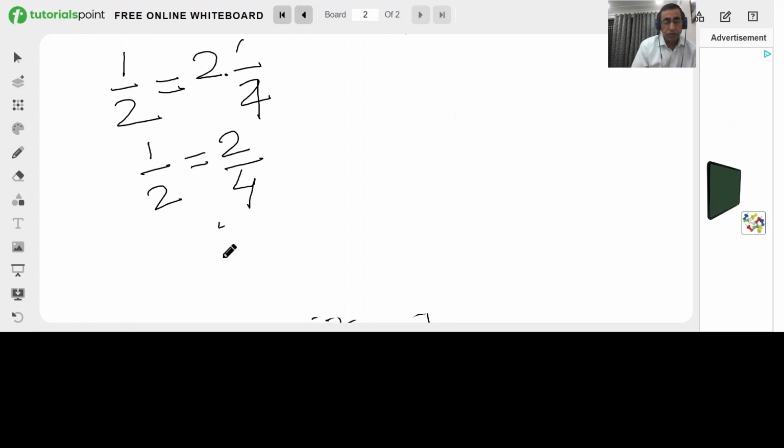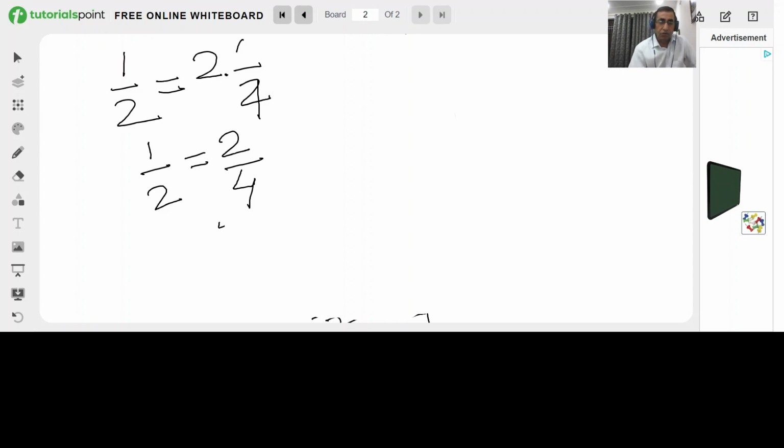Why do we do this? Because if we have to add two fractions which are not equal, those are called unequal fractions. So first we make them equal. If we have to compare them, add them, or subtract them, we will have to make them equal.